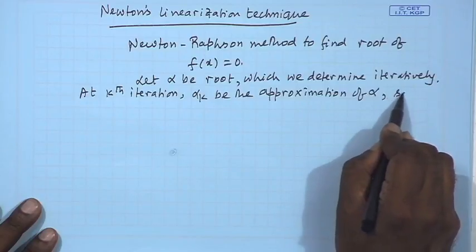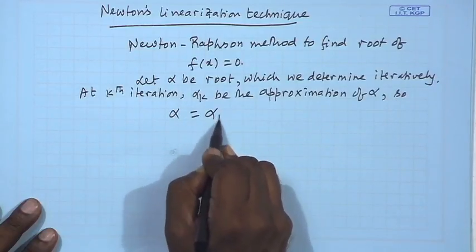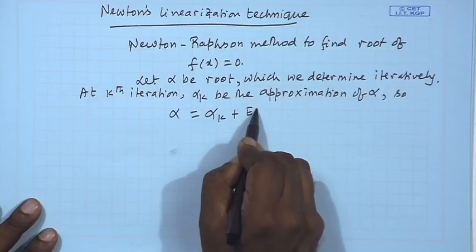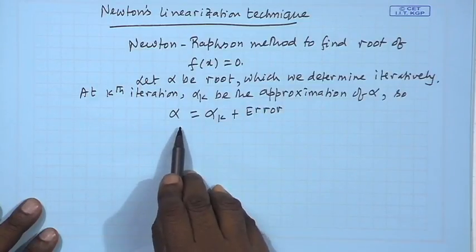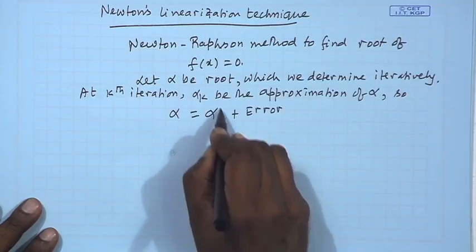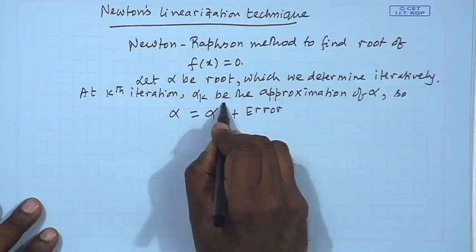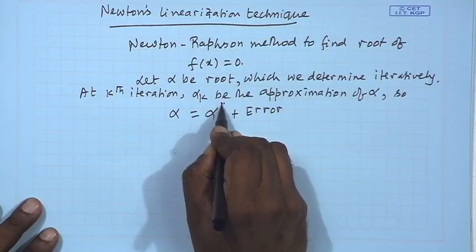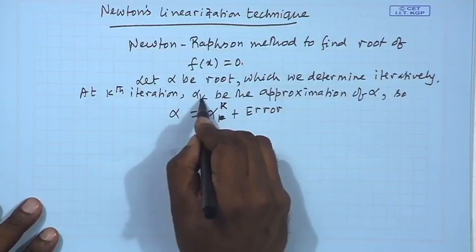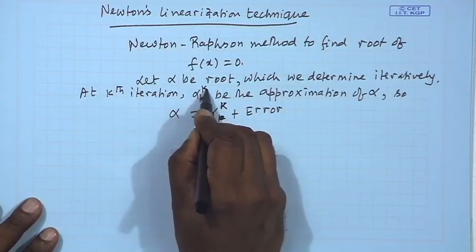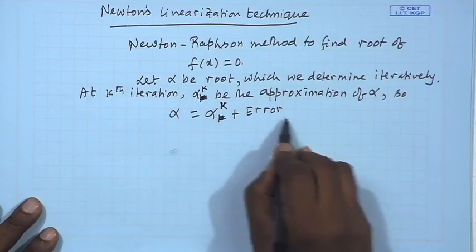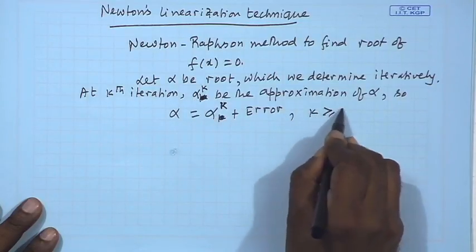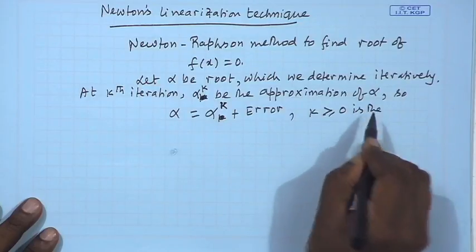So, we can write alpha equal to alpha k plus some error, because obviously alpha k is not the same as the root. Let us put k as a superscript so that we can distinguish it from the iteration index, where k greater than or equal to 0 is the iteration index.